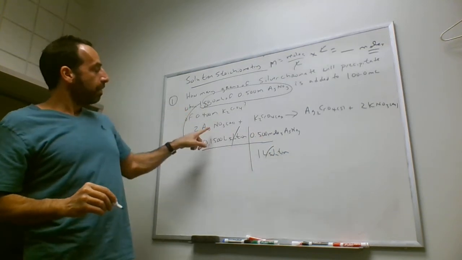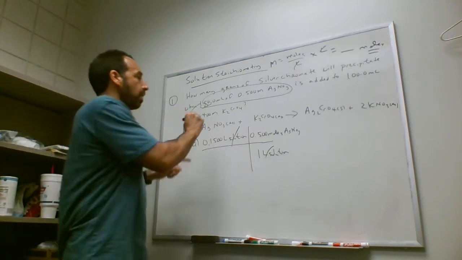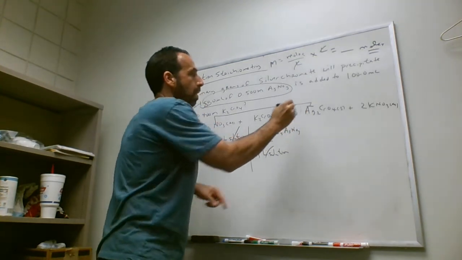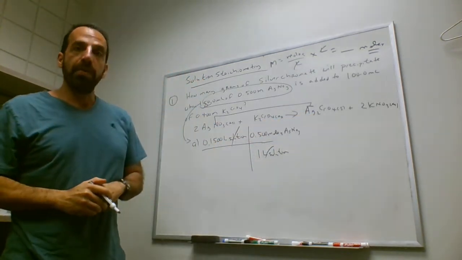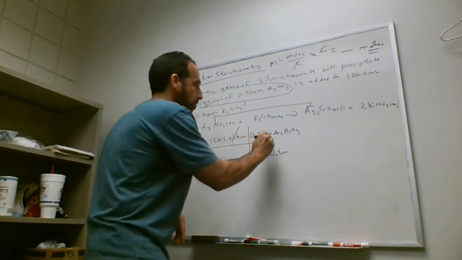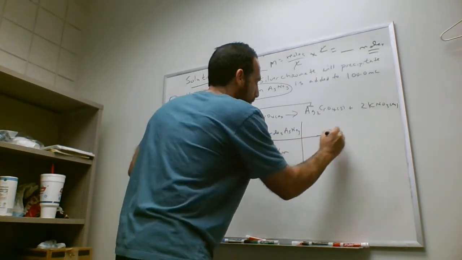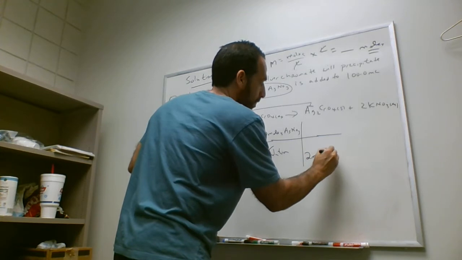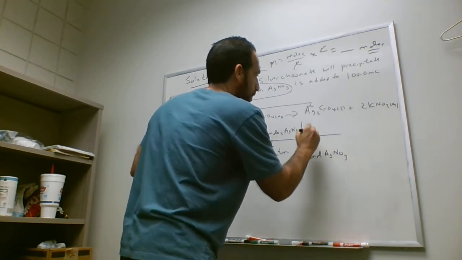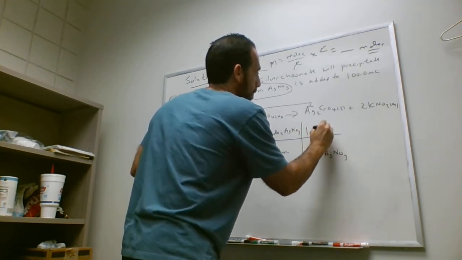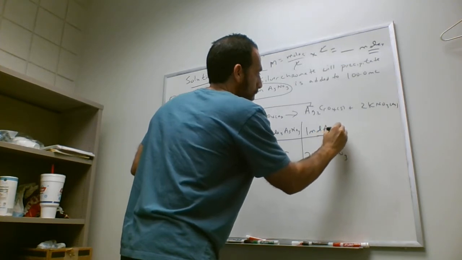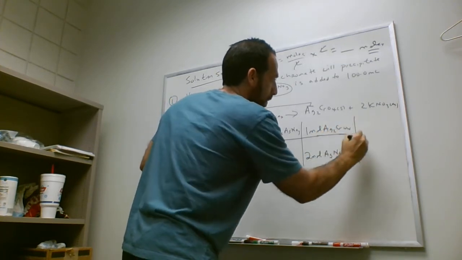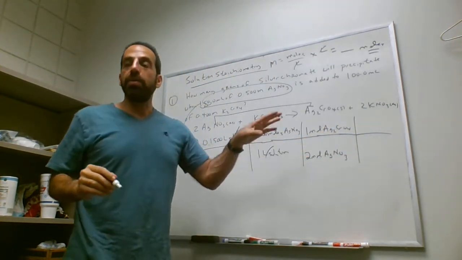Once I got moles of silver nitrate, I know that 2 moles of silver nitrate will form 1 mole of silver chromate. So it's a 2-to-1 ratio. And then we change to grams using the molar mass.